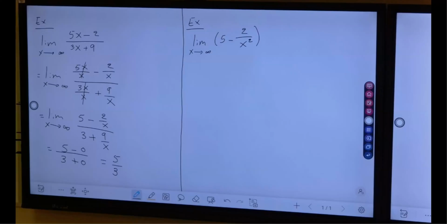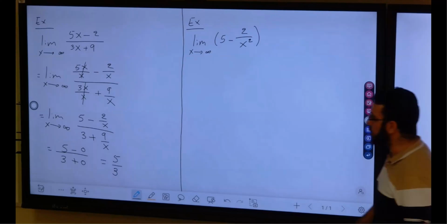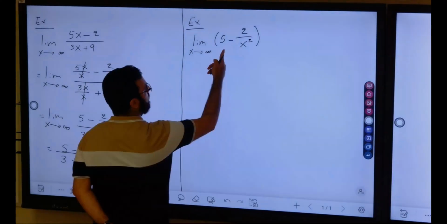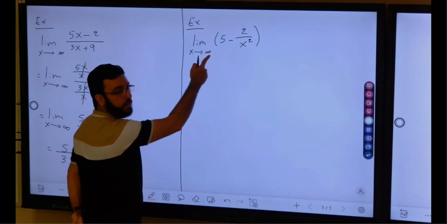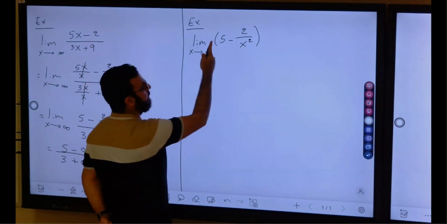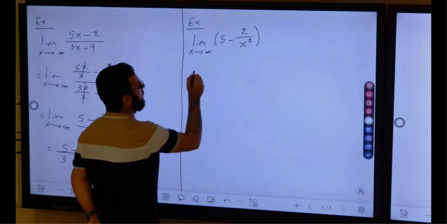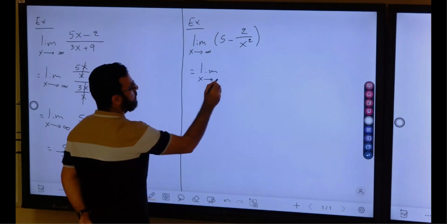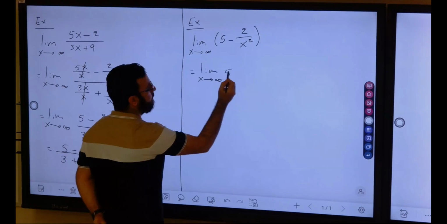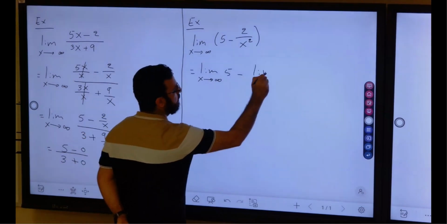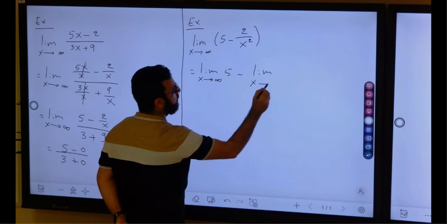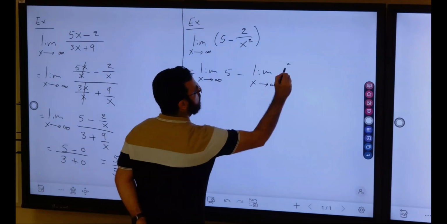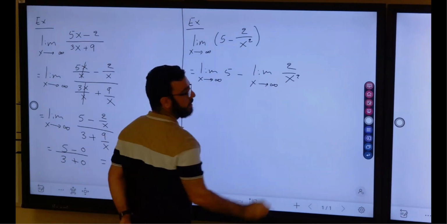So always you're going to divide by the highest exponent. But what I'm going to do here, I have 5 minus 2 over x squared. Can I say this is equal to the limit when x approaches infinity of 5 minus the limit when x approaches infinity of 2 over x squared? Can I do that?